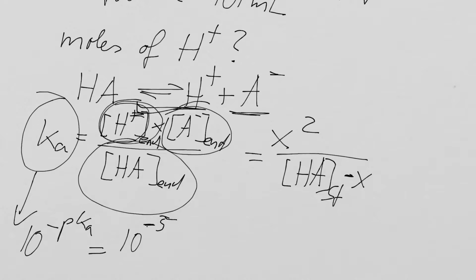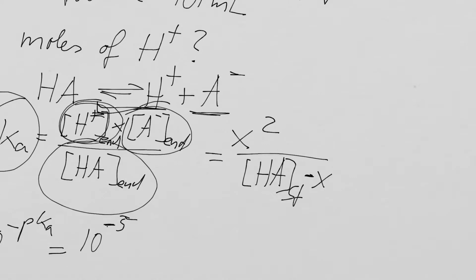So we know our starting concentration, we know pKa and Ka. So in theory, it is straightforward, if you know how to solve a quadratic equation.